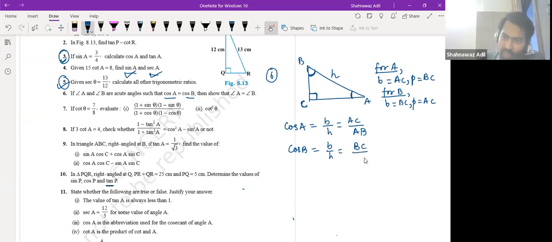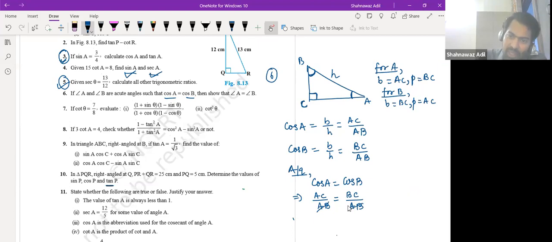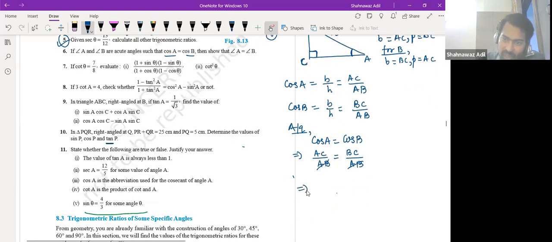According to the question, cos A is equal to cos B, which means AC by AB equals BC by AB. So AB will cancel, and you will get AC equal to BC.